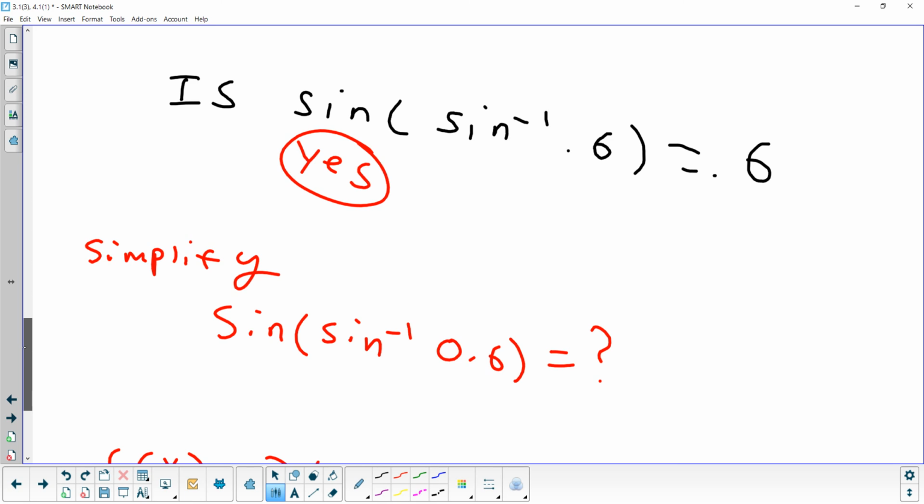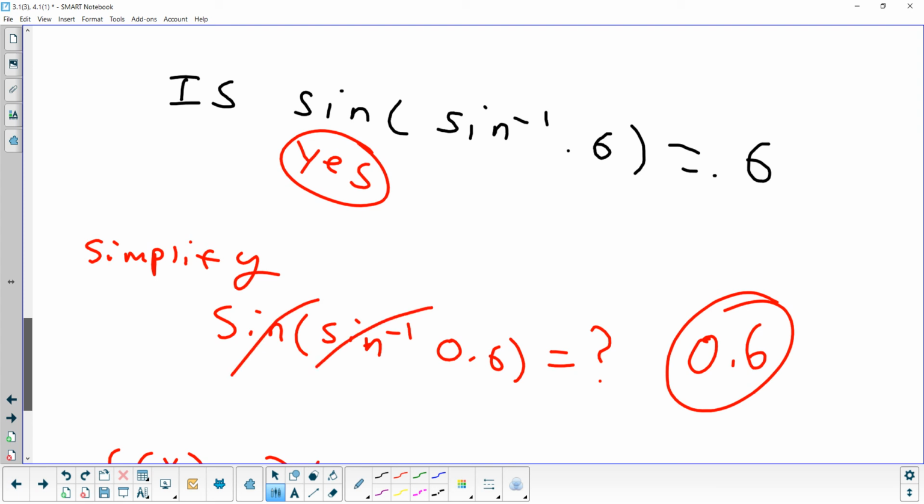We just said it was 0.6. So what I'd be looking for is 0.6. Because remember, when you take the sine of the inverse sine, what happens to those two things? They cancel. It's like taking the square of the square root. They cancel each other out, and you're left with exactly what you started with, 0.6.